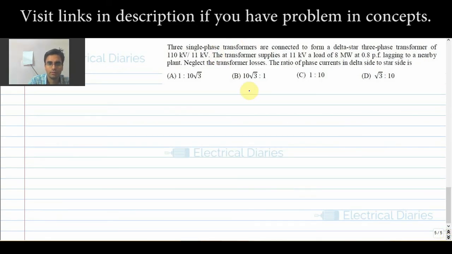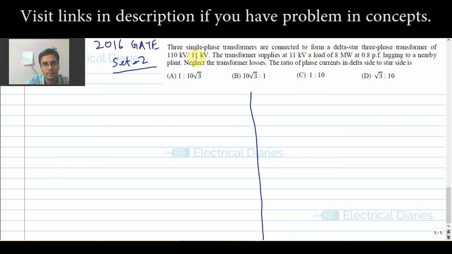Now let us take this question, GATE 2016 set 2. 3 single phase transformers are connected to form a delta star 3 phase transformer of 110 kV by 11 kV.